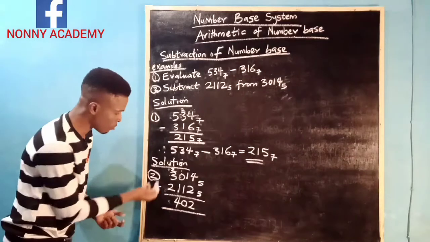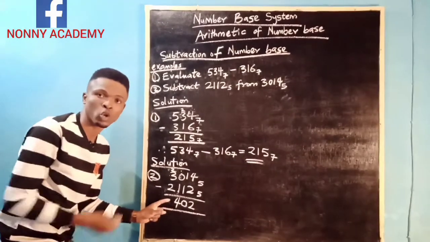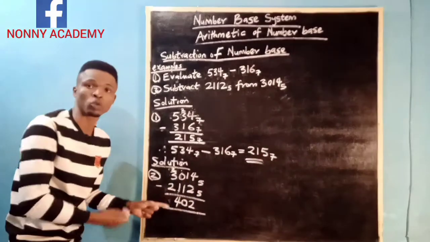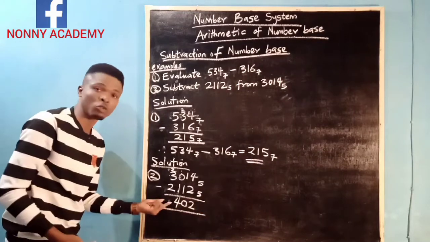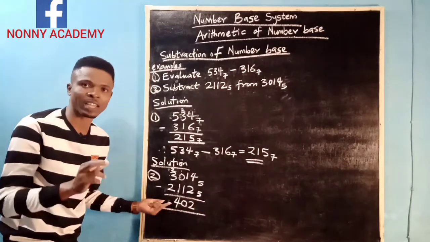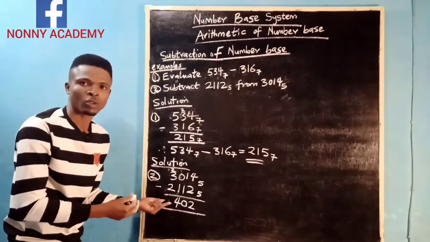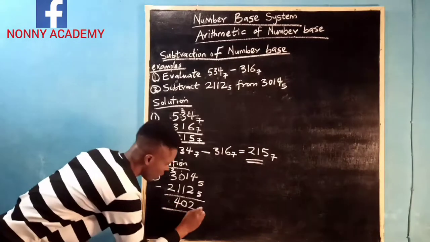But assuming I have, let's say, 3 minus 2, which is 1, then I'll put 1 here, because 1 is less than the base 5. But since I have 2 minus 2, which is supposed to be 0, though 0 is less than the base, which is 5, I'm supposed to put 0 here. But in maths, like I said, a number does not start with 0. So we have 402, then we have base 5.